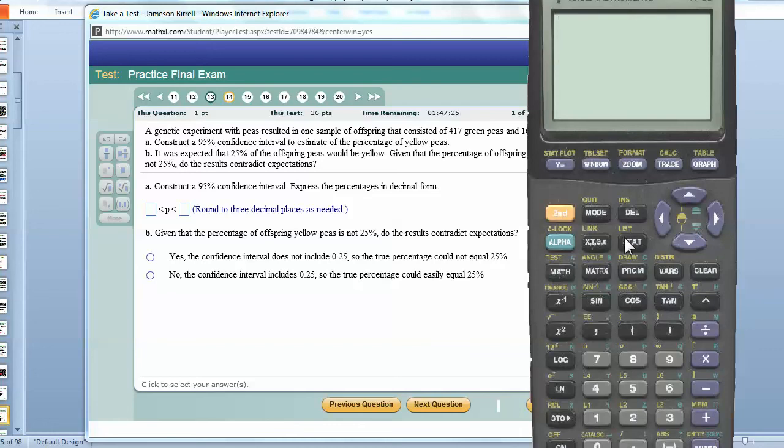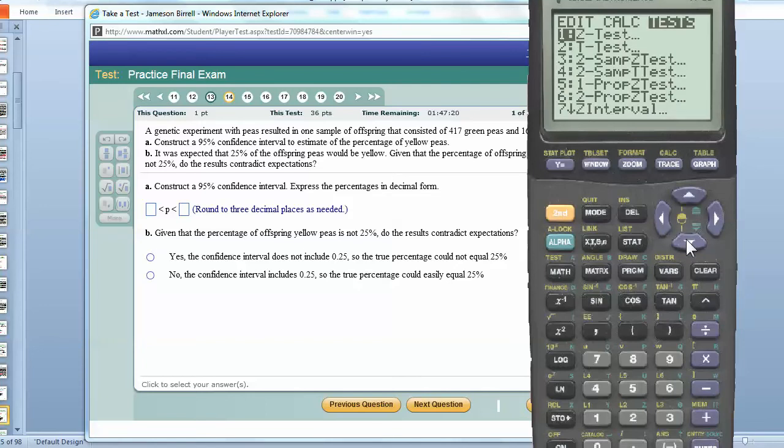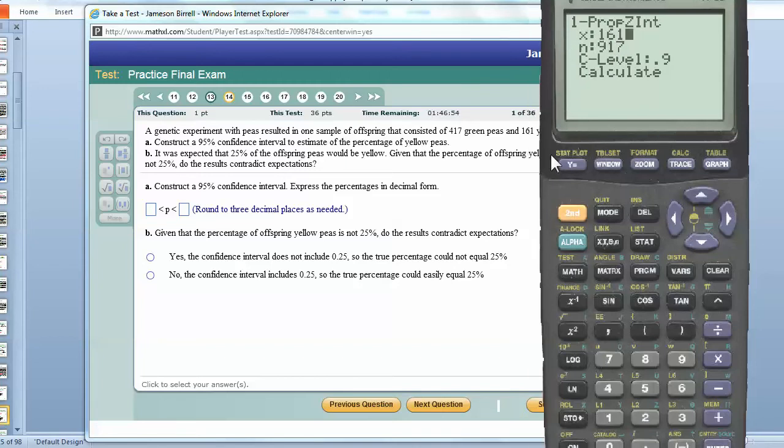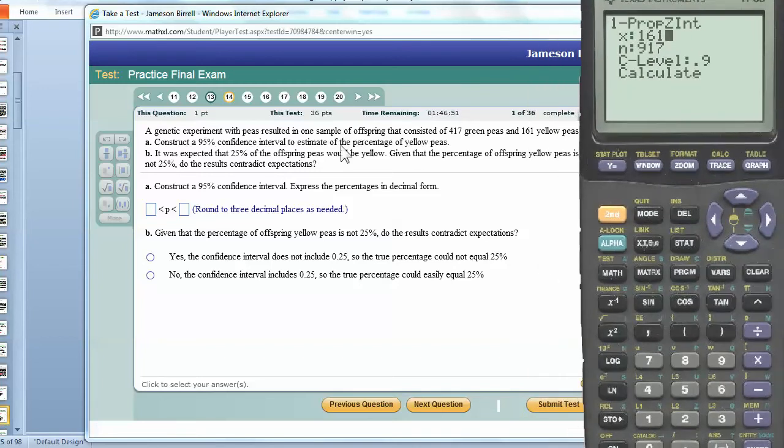Here you would find it under stat, tests, and then go down to the one sample proportion, 1-PropZInt, because I'm doing a confidence interval, so go down to A. You'd need to have 161, the number of successes, and since we're doing an interval to estimate the yellow peas, that'd be 161.